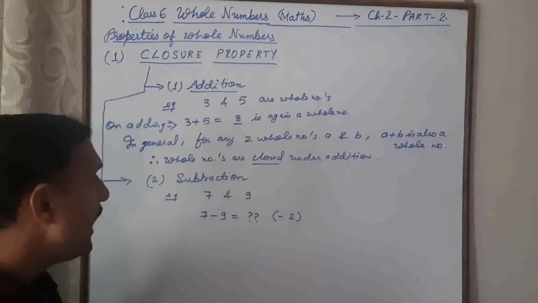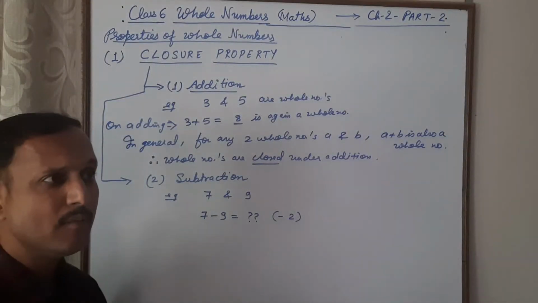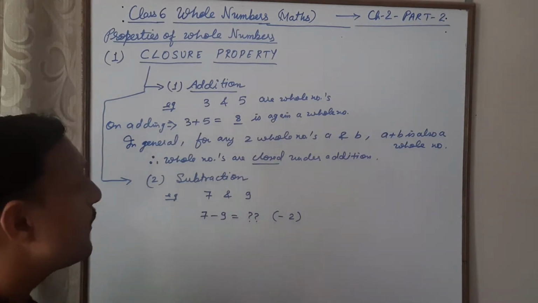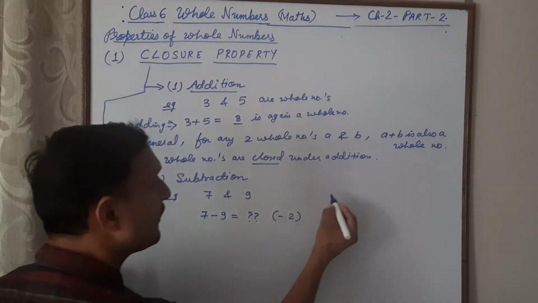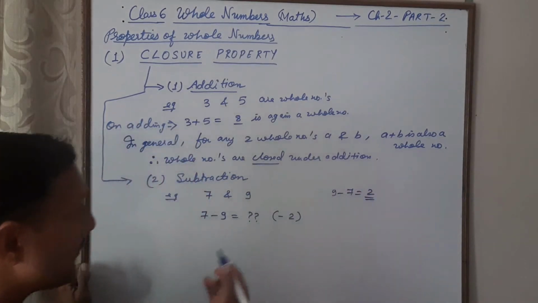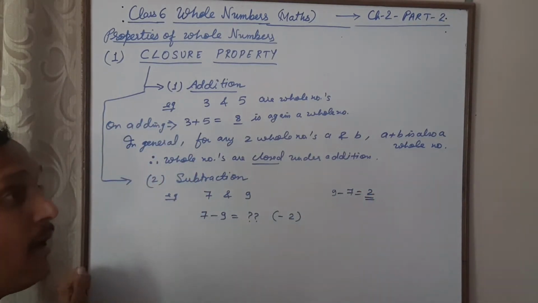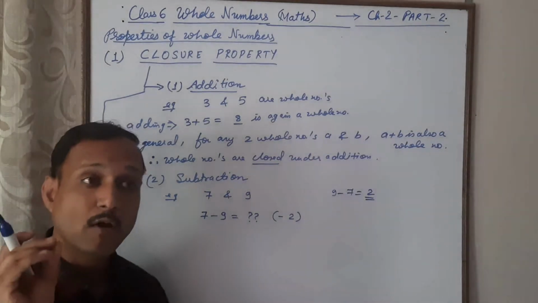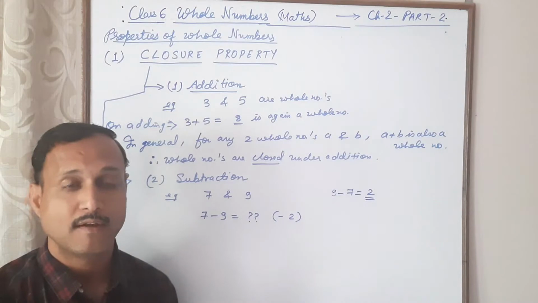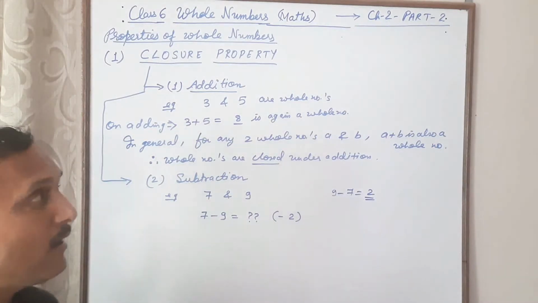So every time it is not possible that it is a whole number. Sometimes it may be possible that it is a whole number. 9 minus 7, 2. 2 is a whole number. Subtraction is also closed there. But we want a property which holds for every number, then only it is called a property.